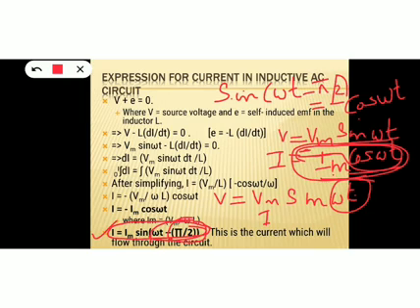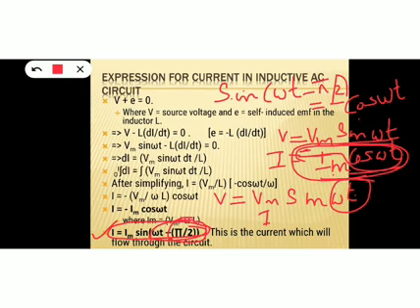But in the case of a resistive AC circuit, the situation was entirely different. The current and voltage were in the same phase, isn't it? Do you remember the resistive AC circuit? There the current and voltage are in the same phase. Both start together, become maximum together, reach 0 together, and also become maximum in the reverse or negative direction together.